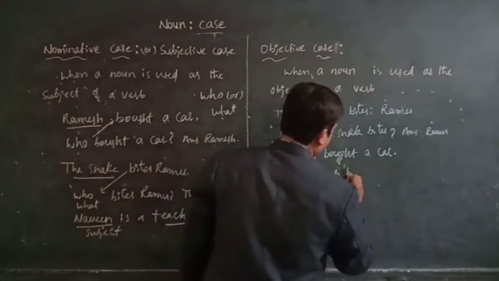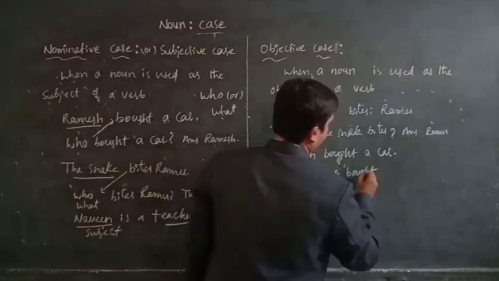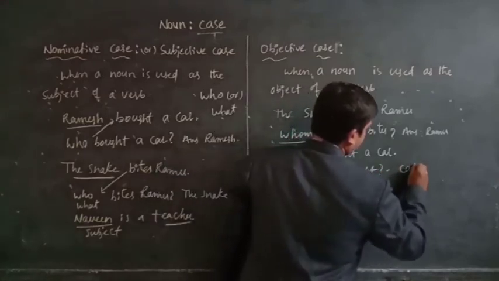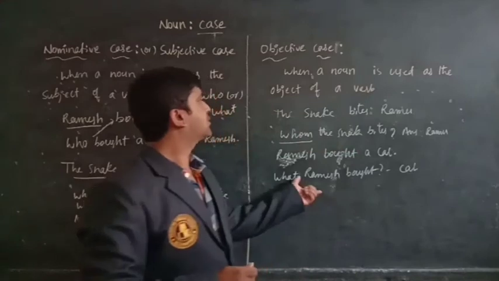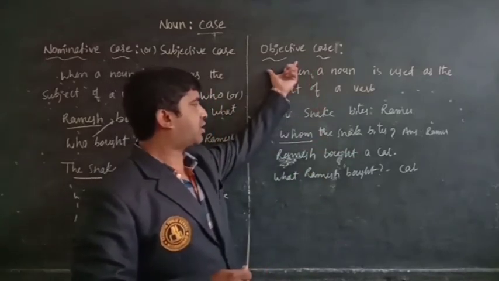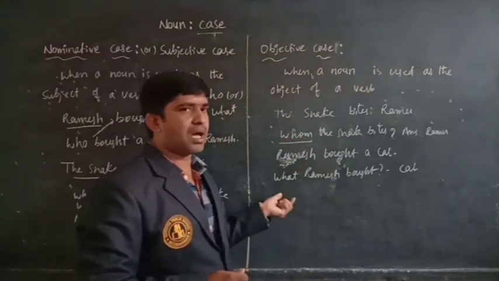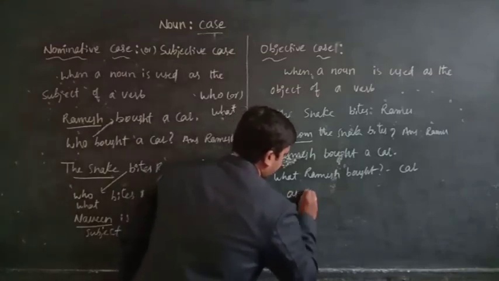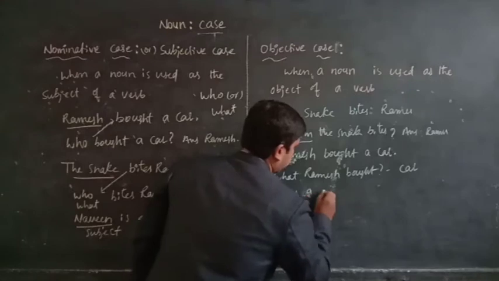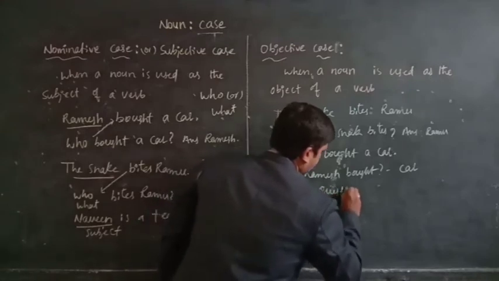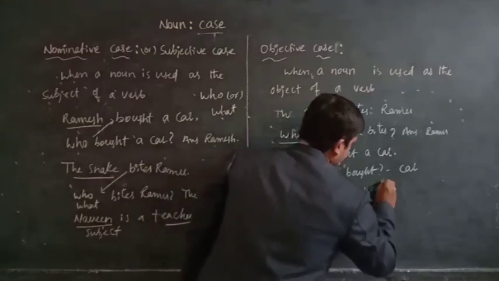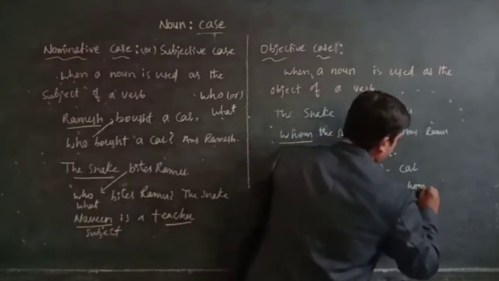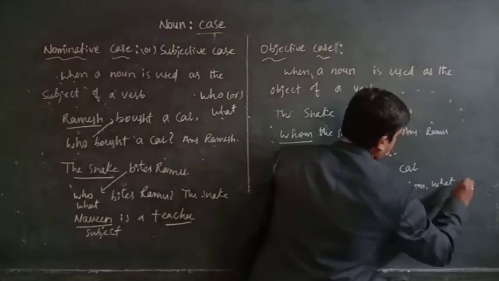Ramesh bought what? He bought a car. For knowing the objective case, we are using whom or what as question words.